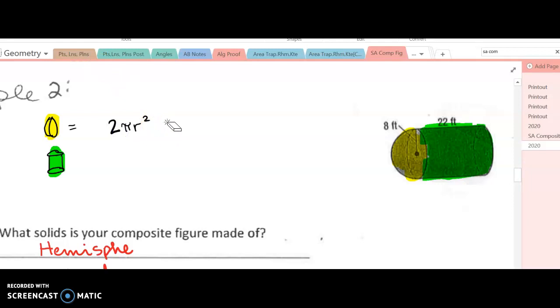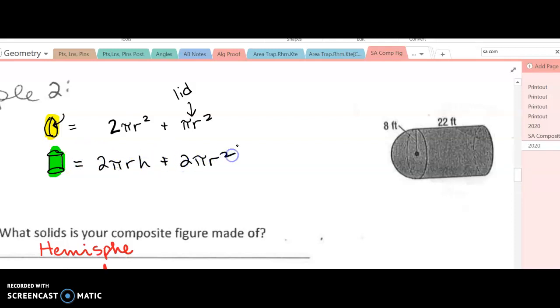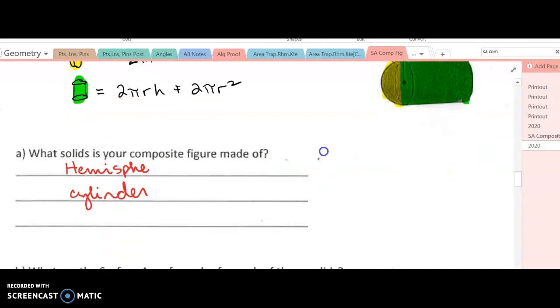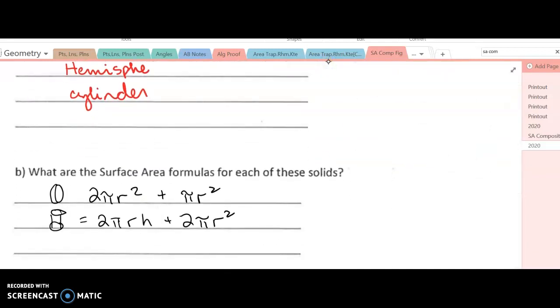And then you may or may not be thinking about the fact that that normally includes the lid, right? We're talking about this circle part right there on the hemisphere would be an extra pi r squared, right? And then the other formula, the cylinder, is 2 pi r h plus 2 pi r squared.